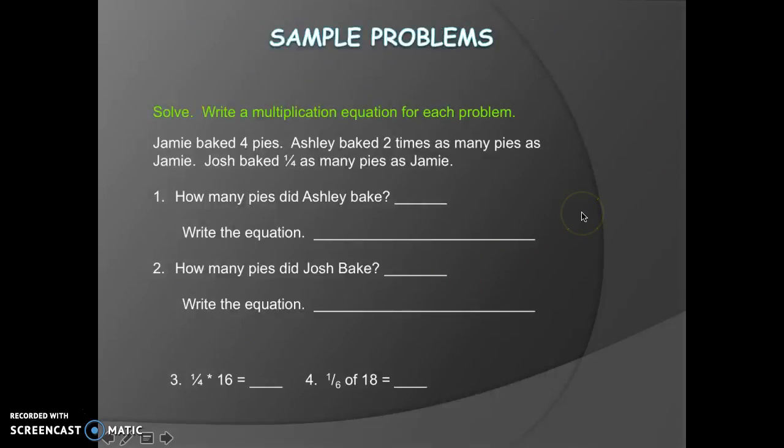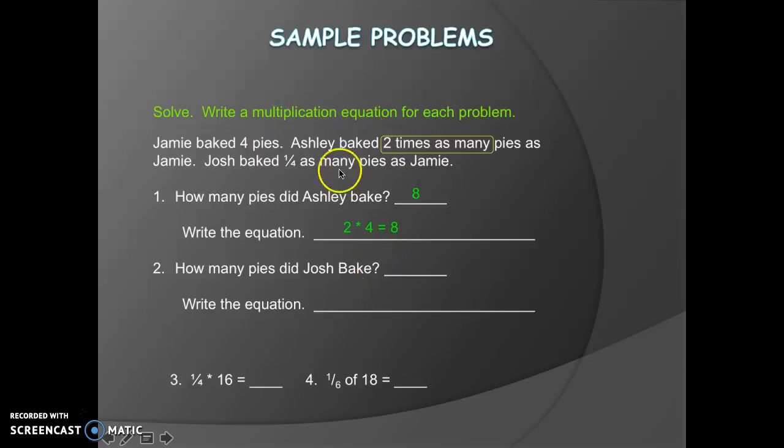Let's look at some sample problems. Jamie baked 4 pies. Ashley baked 2 times as many pies as Jamie. Josh baked 1/4 as many pies as Jamie. So we can see that Ashley baked a lot more. She did 2 times that, so 2 times 4 is 8. The 4 that Jamie baked times 2 is 8 pies.